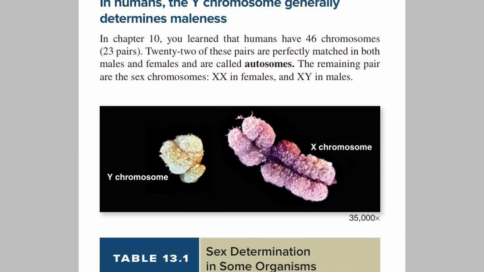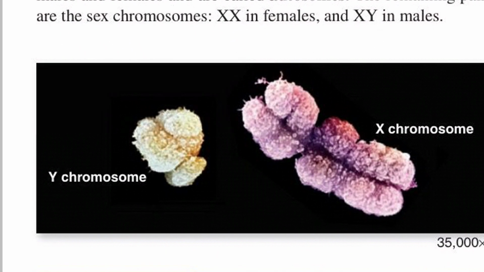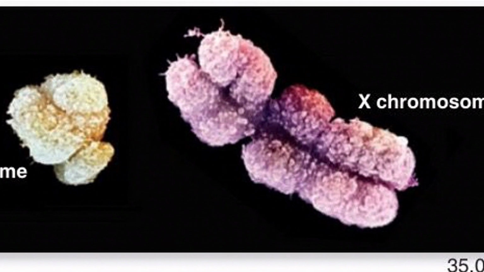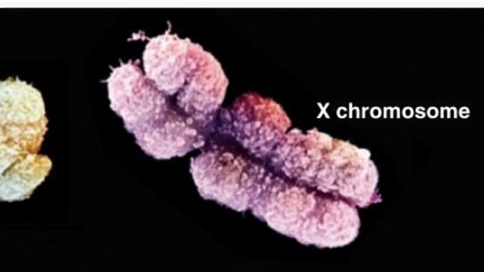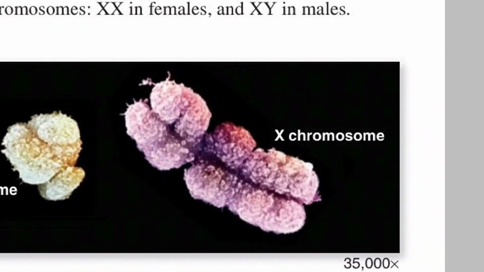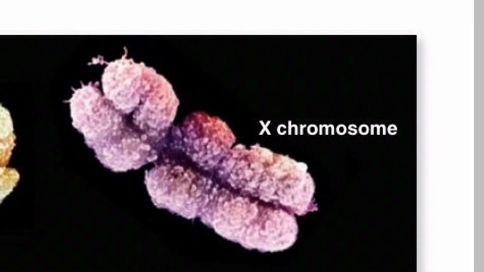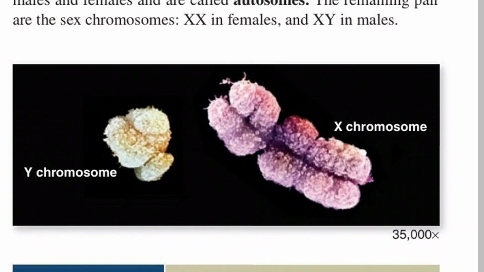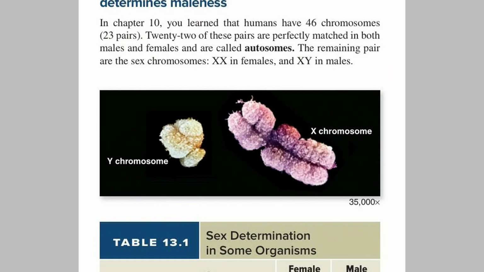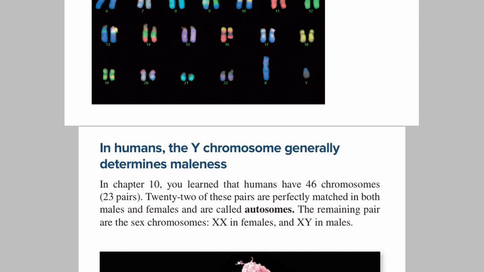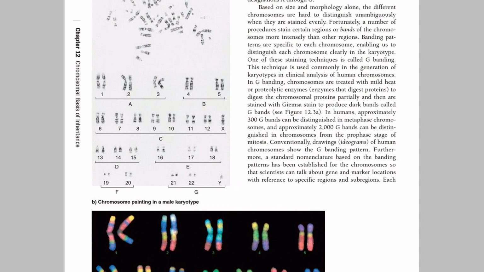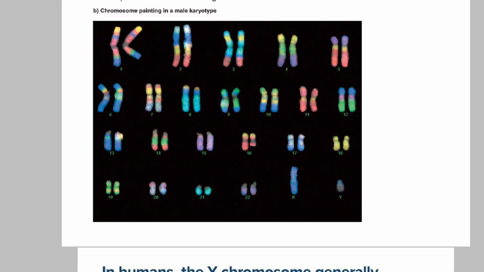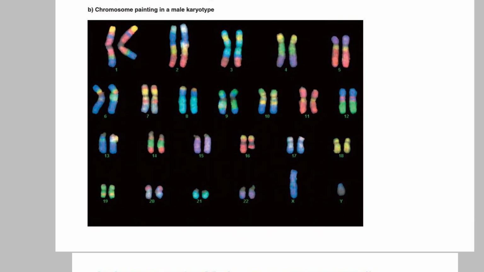As you can see, this is the small size acrocentric Y chromosome, and this is the submetacentric X chromosome. So in females there are two X chromosomes, and in men X and Y chromosomes are present in 23rd pair. So this one is the karyotype of a man.